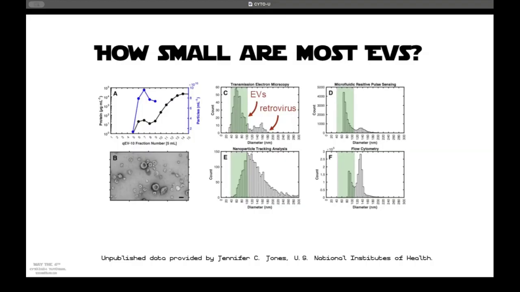You can also see that flow cytometry is cut off with its lower limit of detection being a bit higher than the microfluidic resistive pulse sensing, but the data is concordant between them. Something to note here is that the three methods I've spoken about so far have been fairly precise in their measurements, and if I overlaid all of these plots, that larger of the two peaks would be overlapping with one another.